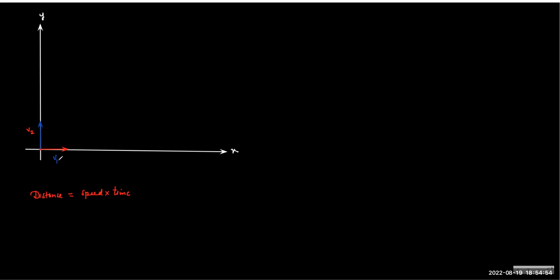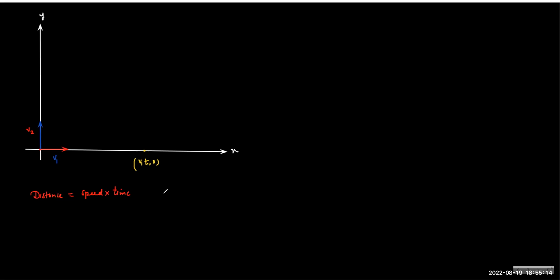After time t, where will the first particle be? Somewhere here. Can you tell me the coordinate of this particle at time t? Sir, v1t. Very good. So the coordinate of the first particle after time t will be v1t comma 0.